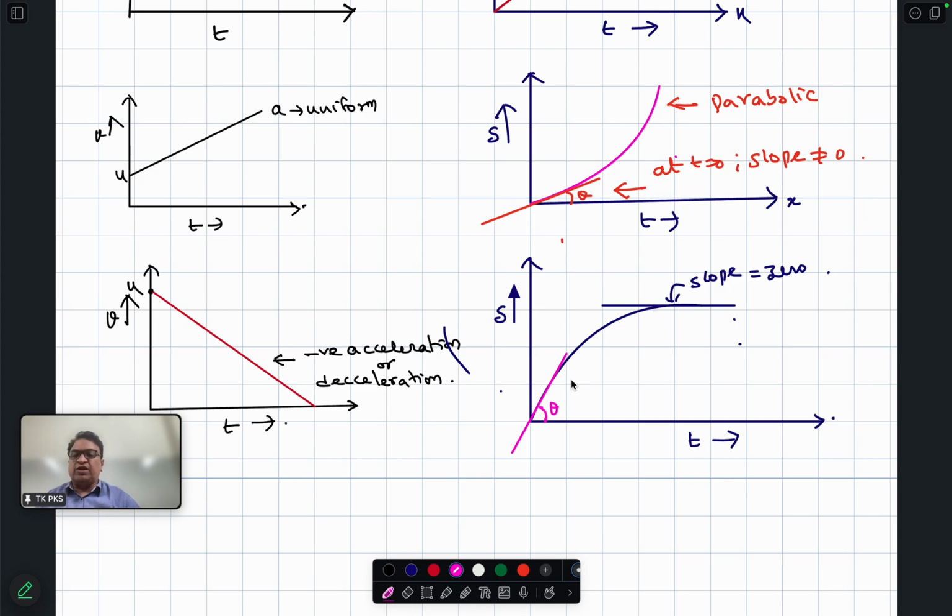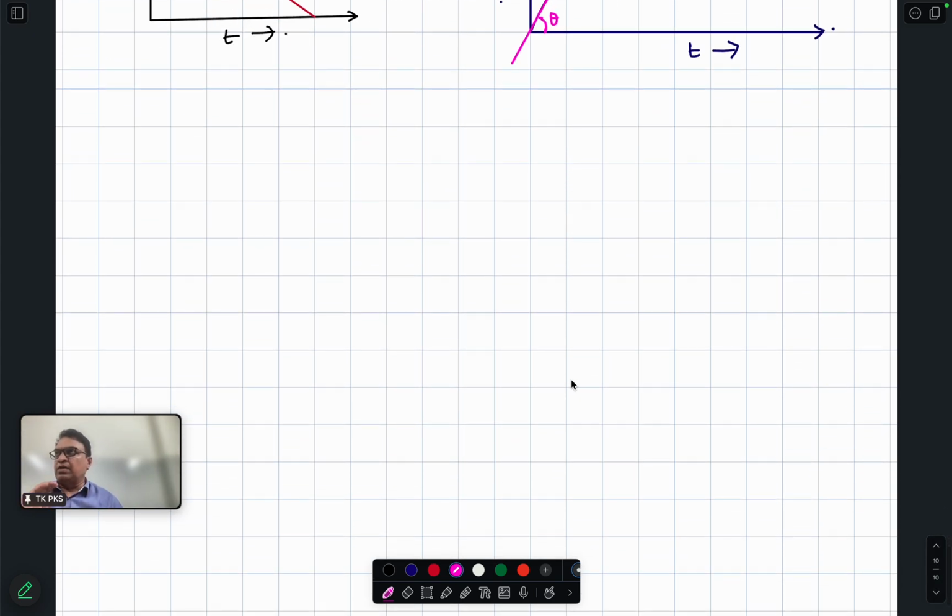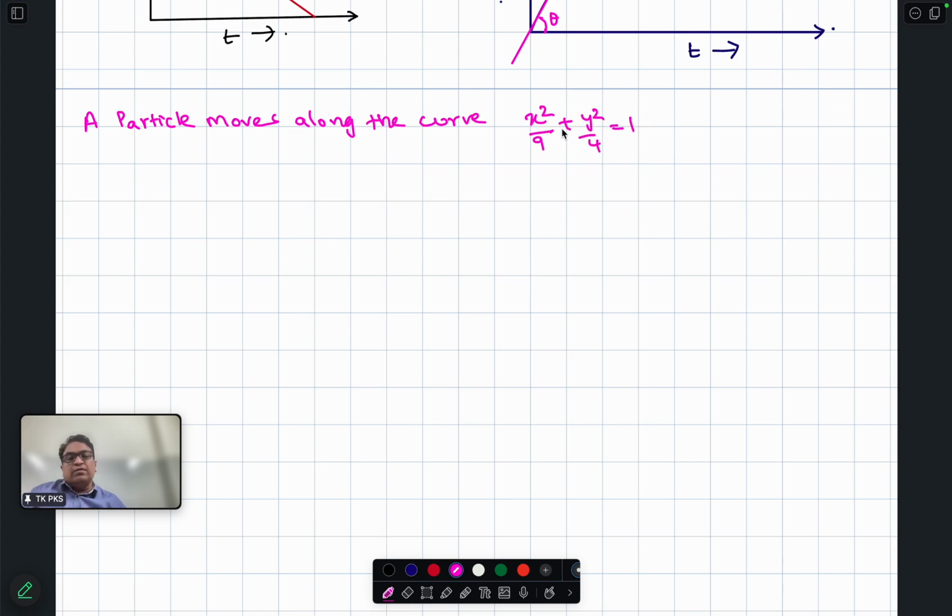I'll give you a different question now. Completely different question. A particle moves along the curve x square by 9 plus y square by 4 is equal to 1 with constant speed.